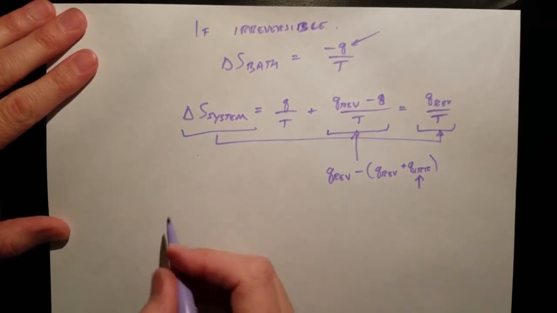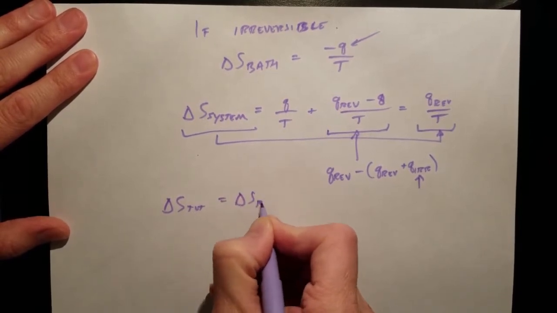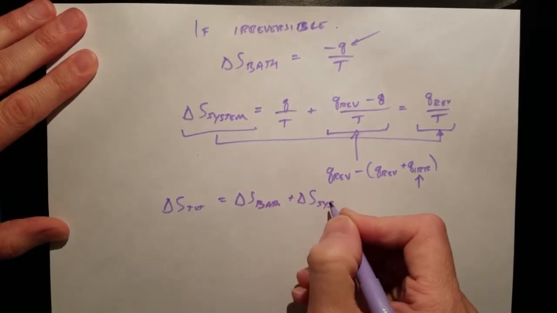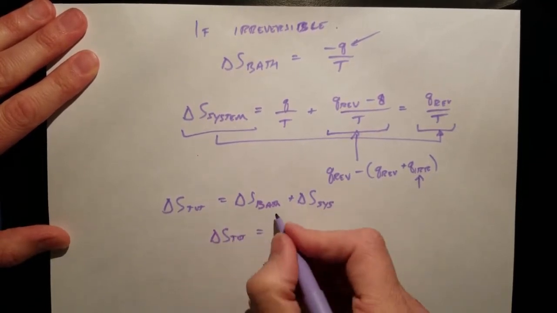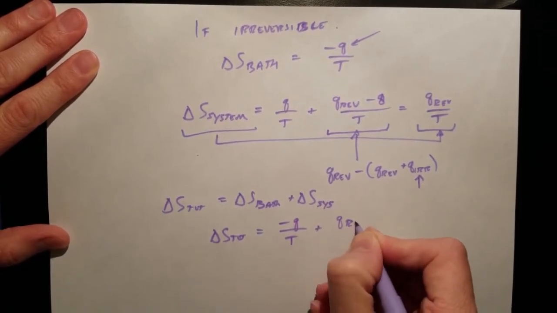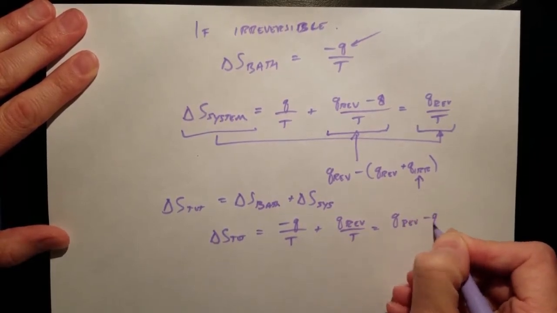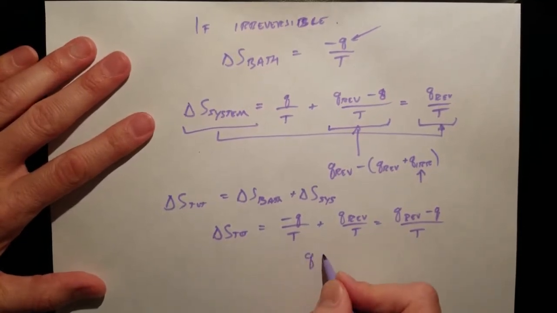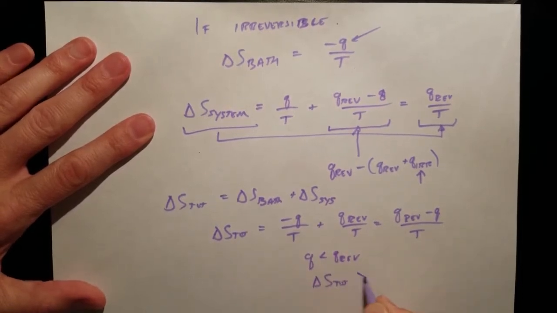So that means that delta S total is equal to delta S bath plus delta S system. Delta S total is equal to negative Q over T plus Q over T, which is equal to Q rev minus Q over T. And because Q is less than Q rev, delta S total is greater than 0.